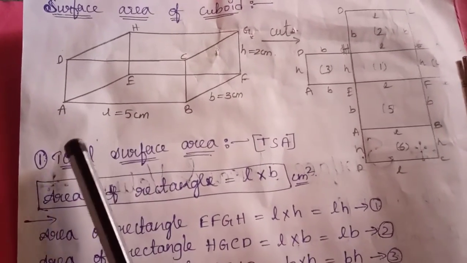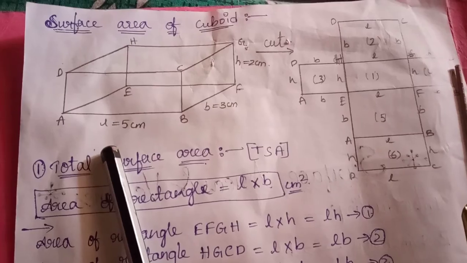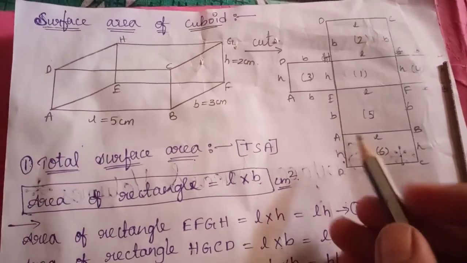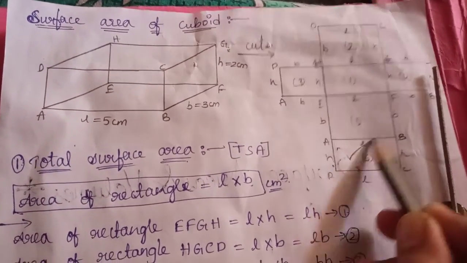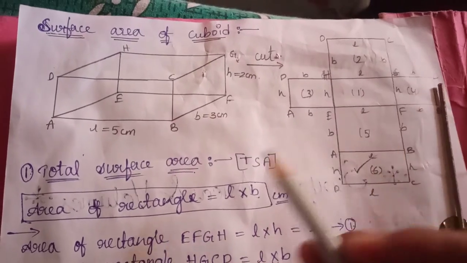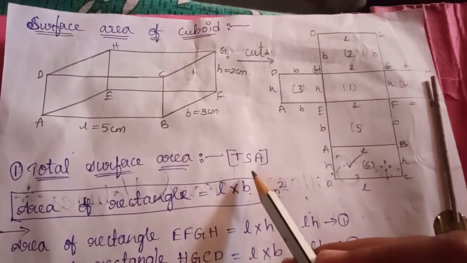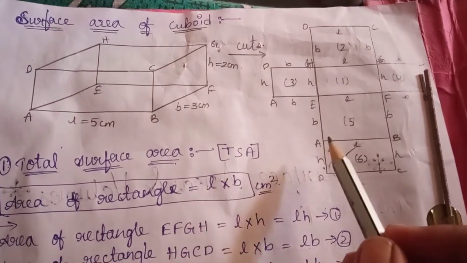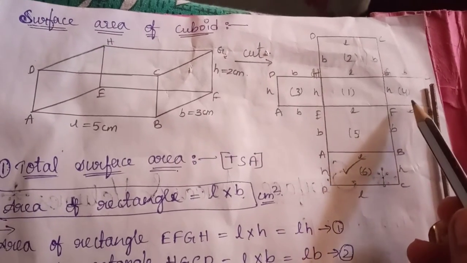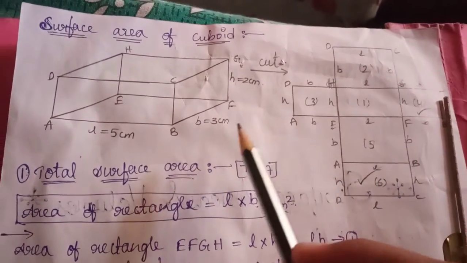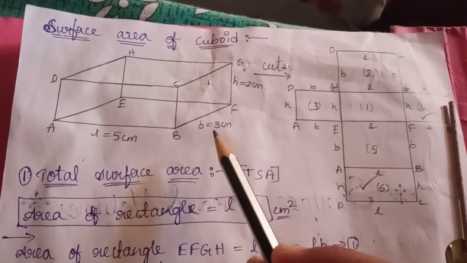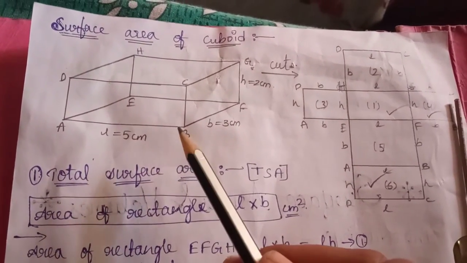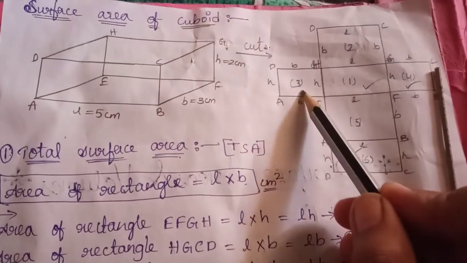They are A, B, C, D. So we should add BCGF, that is 4, and EFGH, that is 1, and ADEH, that is 3.